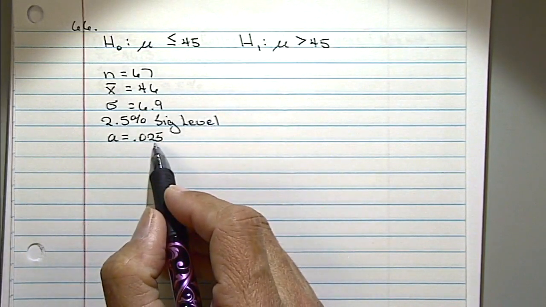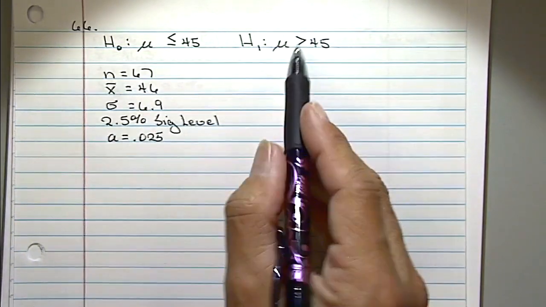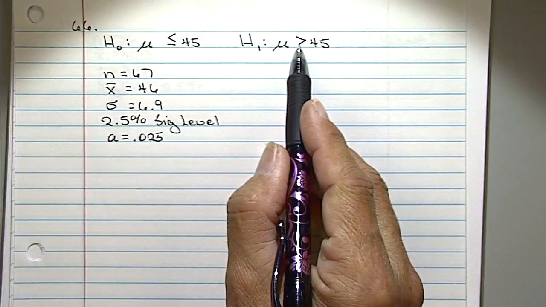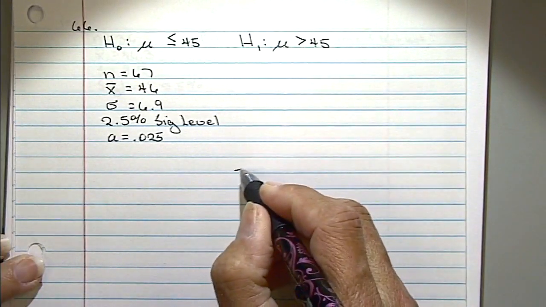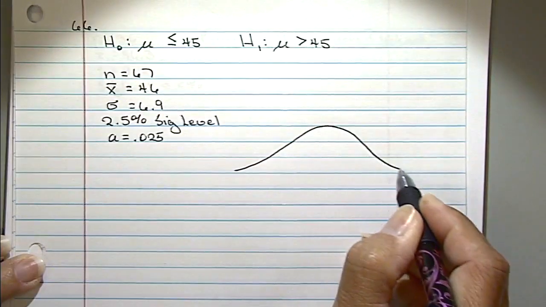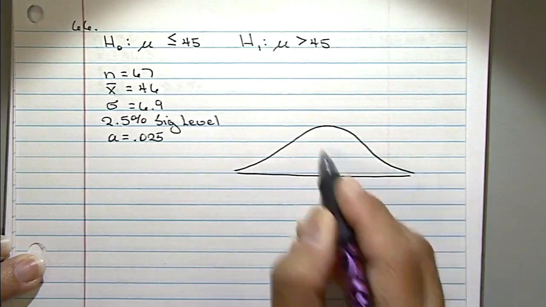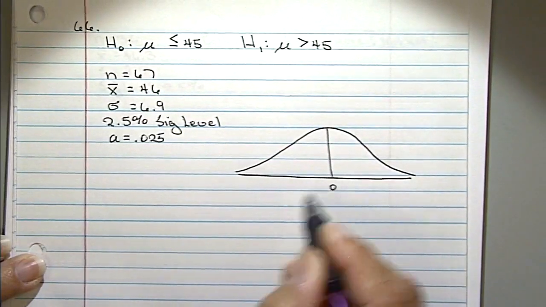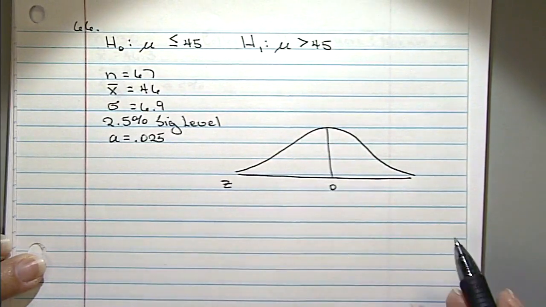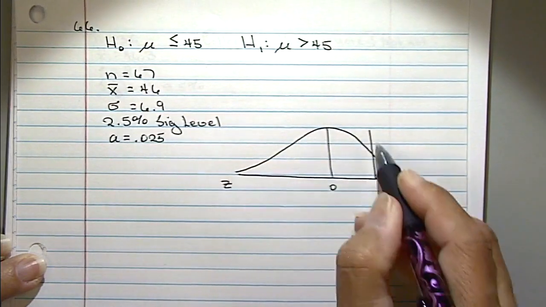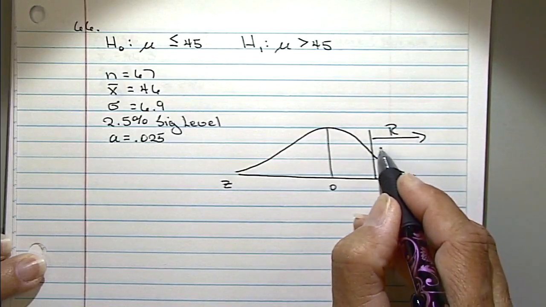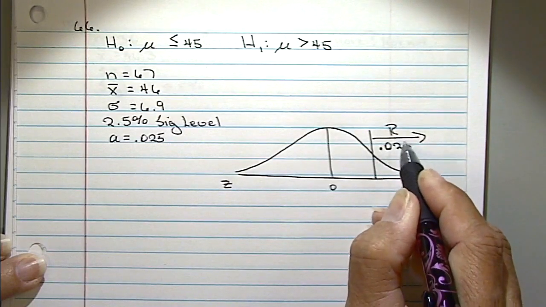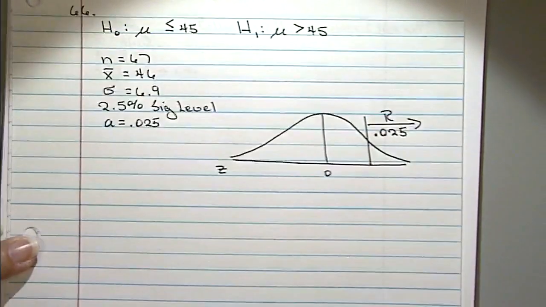So my significance level, I say alpha is this. And I don't have to divide alpha by 2 because I have a right-tailed test, don't I? So this is a right-tailed test. What I would do with it is say, okay, there's the curve. There's the center of the curve. It's going to be a z-score. And my rejection region is going to be over here in the right tail. How big is my rejection region? All of alpha is over there, right?